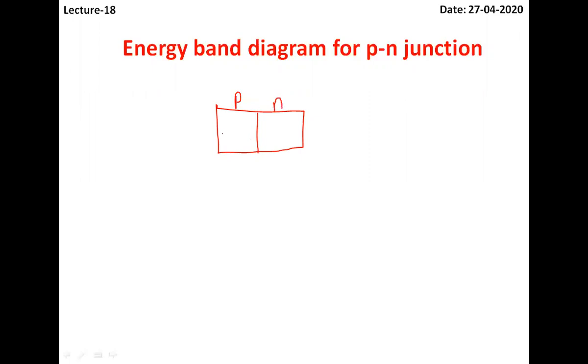If this p-n junction is not connected to any power source, any kind of battery, that means it is isolated from the battery, this particular situation we call the unbiased condition.